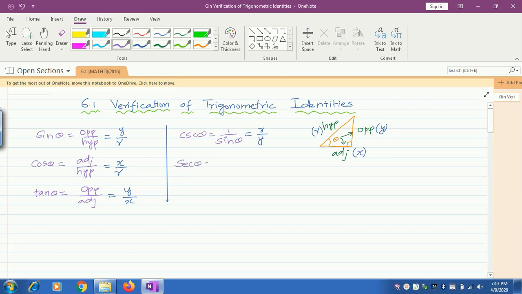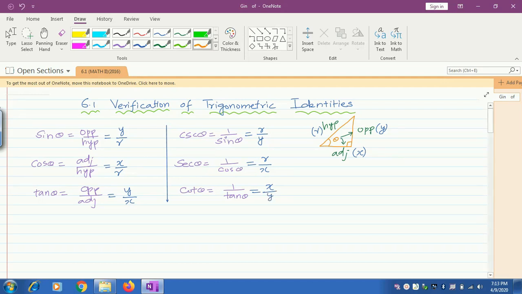The reciprocal of cosine. And cotan is the reciprocal, 1 over tan. In terms of x and y, I can write this one as the flip of this: r over x, and here x over y.